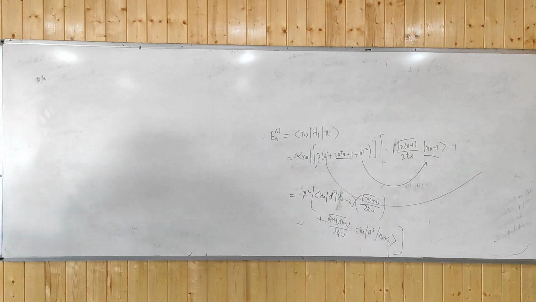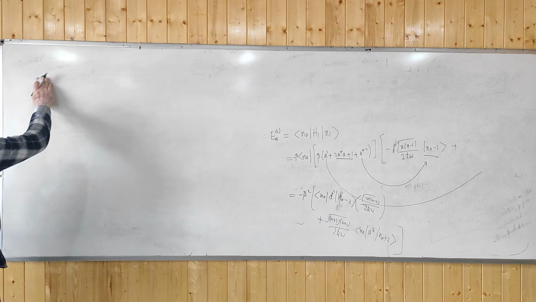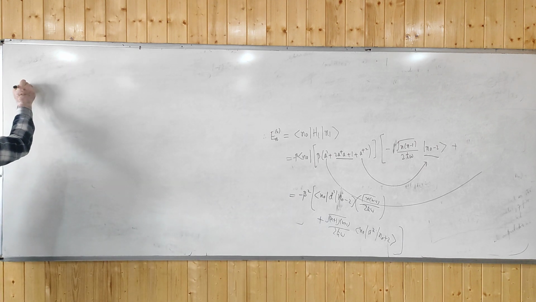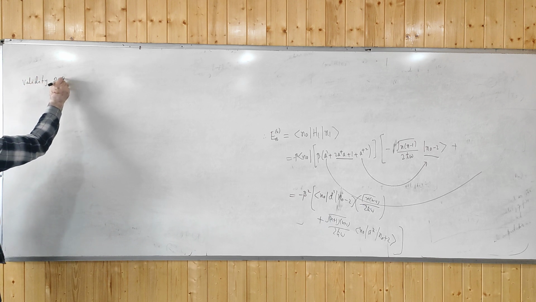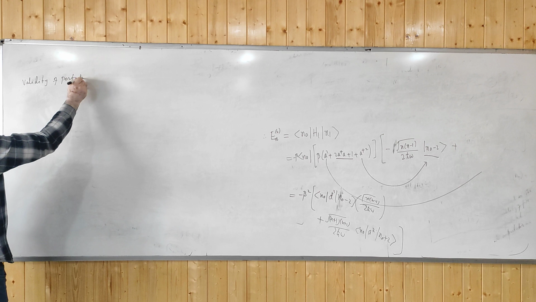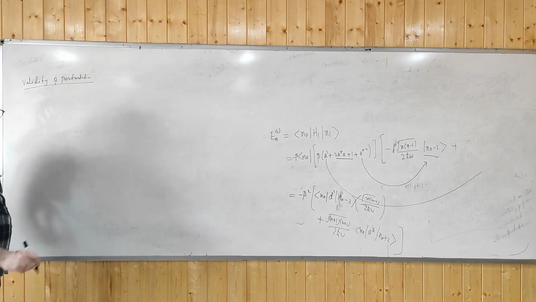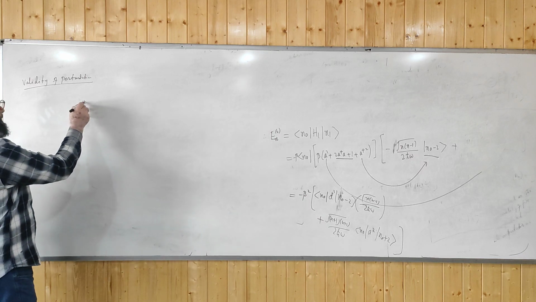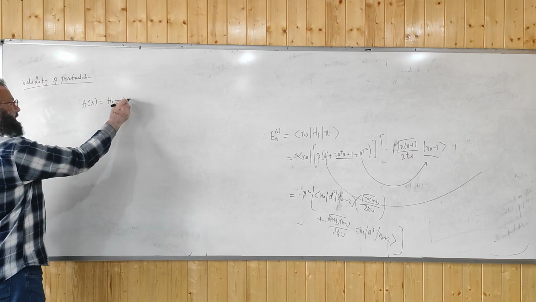So now let's look at the validity of this perturbation theory. If you remember, we had this H of lambda is equal to H naught plus lambda H1.